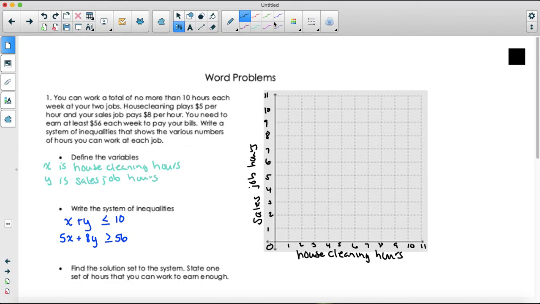So for our first inequality, let's graph this in pink. X plus Y is less than or equal to 10. If I were to cover up my X, I would have Y is less than or equal to 10, so I would need my Y value at 10.